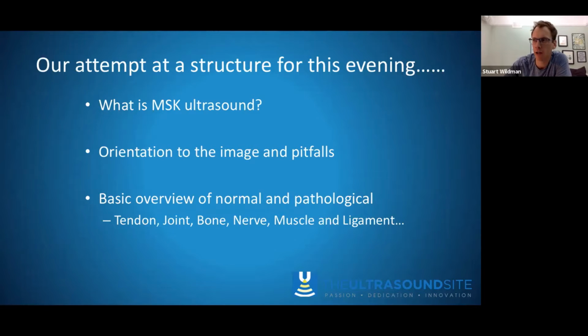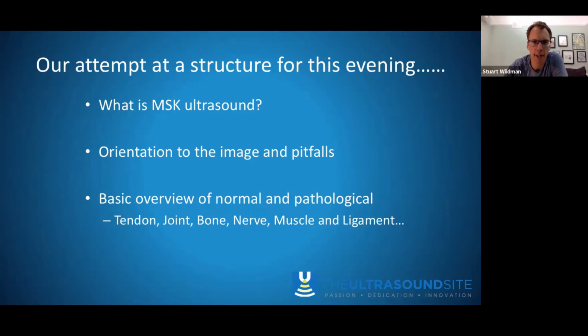So I'm going to just take you through initially what musculoskeletal ultrasound is in a relatively basic sense. We're then going to talk about orientation to the image, and some of the pitfalls, or in fact what tends to be termed an artefact, that is anisotropy, that particularly affects musculoskeletal ultrasound.